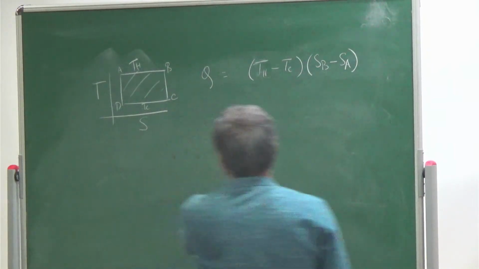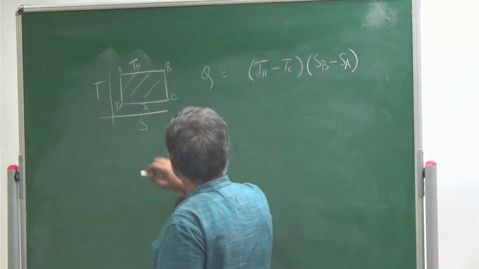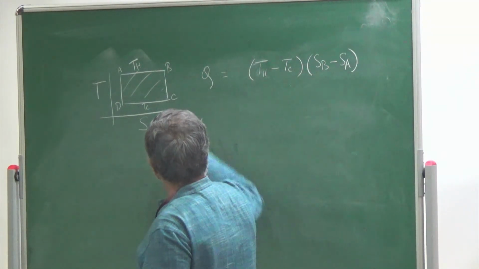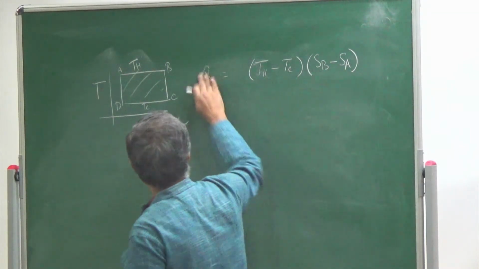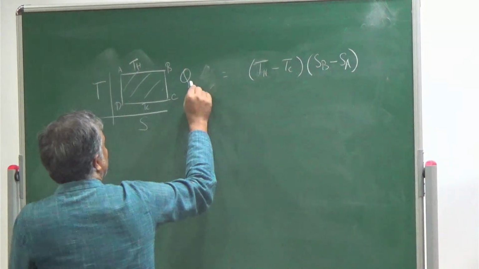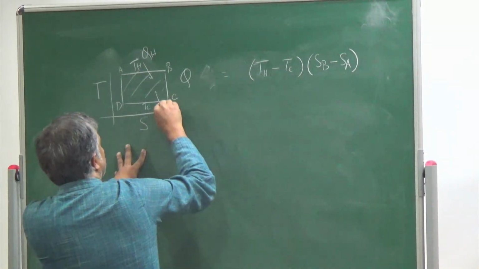Okay. So this is the total heat Q. So if some heat goes in at TH, then some goes out.